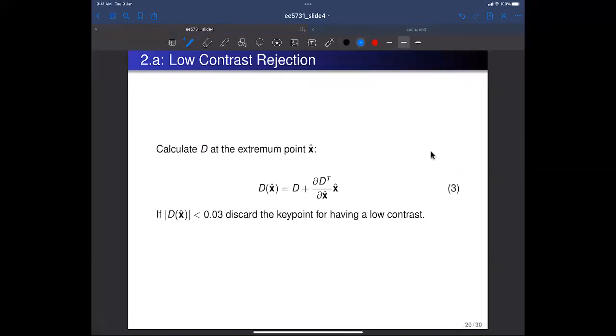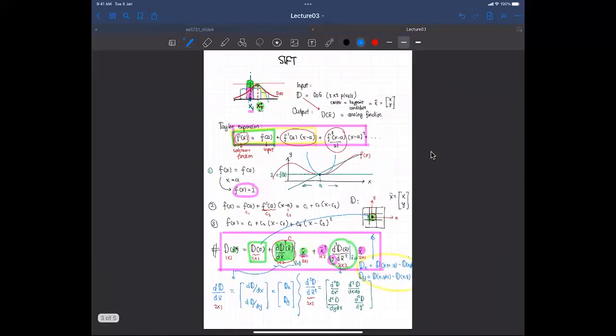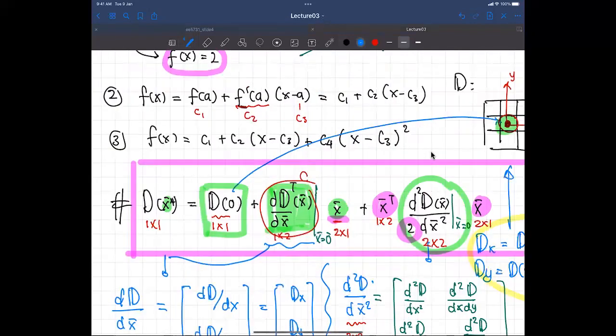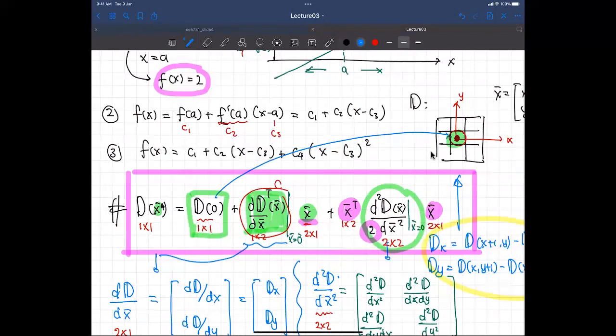And by the way, as you can see here, x hat is actually the new x location, and they compute this in a very simple way, not even including the third terms. In my explanation, I use all the terms here to get d, complete up to the third order.